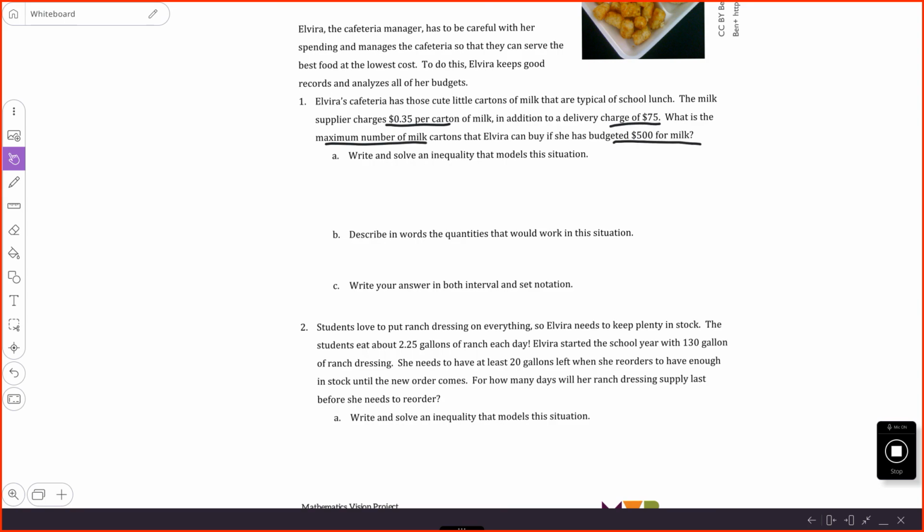So $500 has to be the biggest. So I need 0.35 times the cartons of milk plus 75 to be less than or equal to 500, because we cannot go over our budgeted amount. So I'm going to subtract 75 from both sides first.